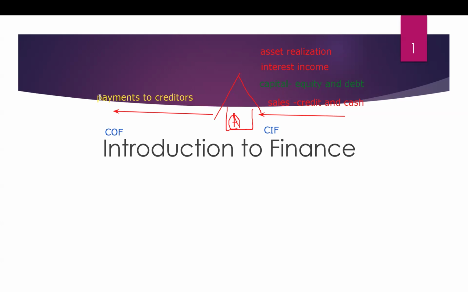Those payments to creditors can be done in both cash and credit, right? And then if you have rented the manufacturing premises, so then you are going to pay the rent expenses, paying rentals.